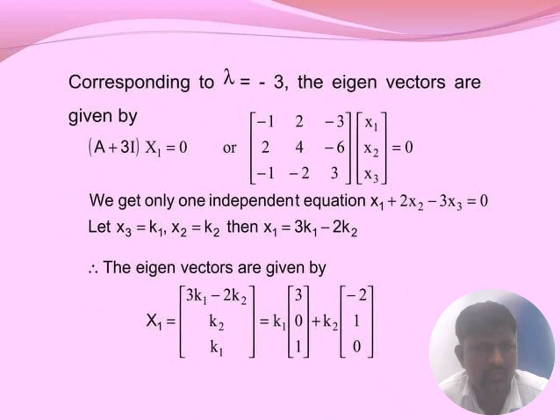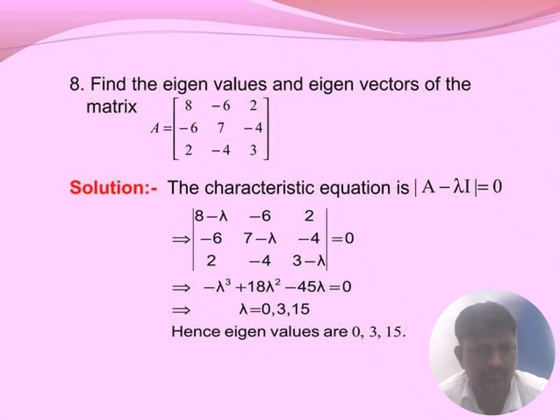Next, we are moving to finding the eigenvalues and eigenvectors of a matrix. So first, what is the first step to find the eigenvalues? To frame the characteristic equation using this equation, determinant of A minus lambda I is equal to 0. So A is the given matrix.